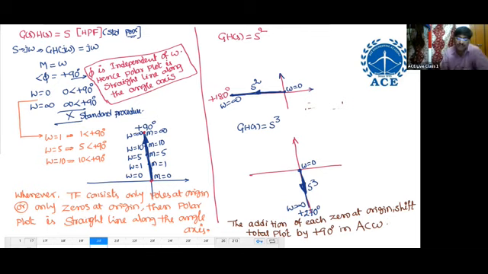Next, one more problem to solve. GH of S equal to 1 by S. Already we solved this problem, still we solve one more time.